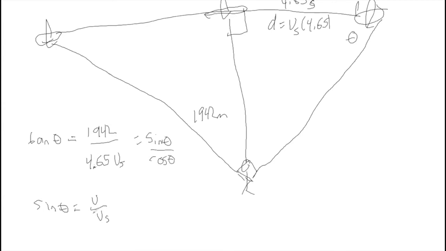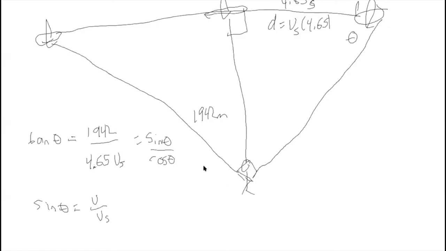But we know what sine is. It's V over Vs. Okay, so I can plug that in here. I can plug this in for sine of theta and get V over Vs, and then I still have a cosine of theta in the denominator.